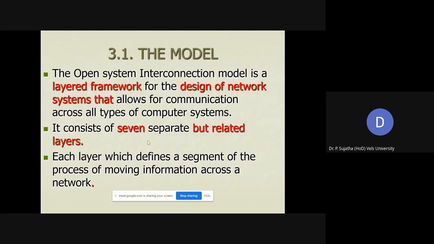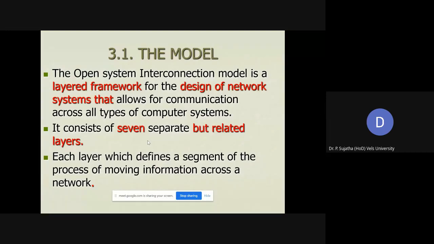The normal posting of a letter itself follows some steps. Similarly, for communicating among the systems which are in the internet, those systems should follow some layered framework for communicating the data throughout your network.